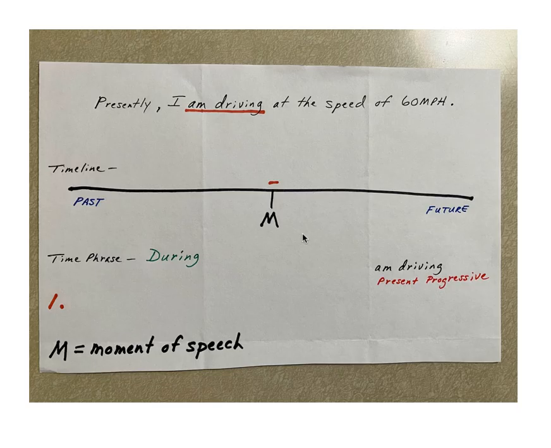The tense here would be, in the traditional contemporary sense, present progressive, and you see that when you're speaking, you're actually driving. So the time phrase, a helpful little hint, would be during the moment of speech. That's what you say. Here's your timeline. This is your visual. And your time phrase in your mind would be during the moment of speech.